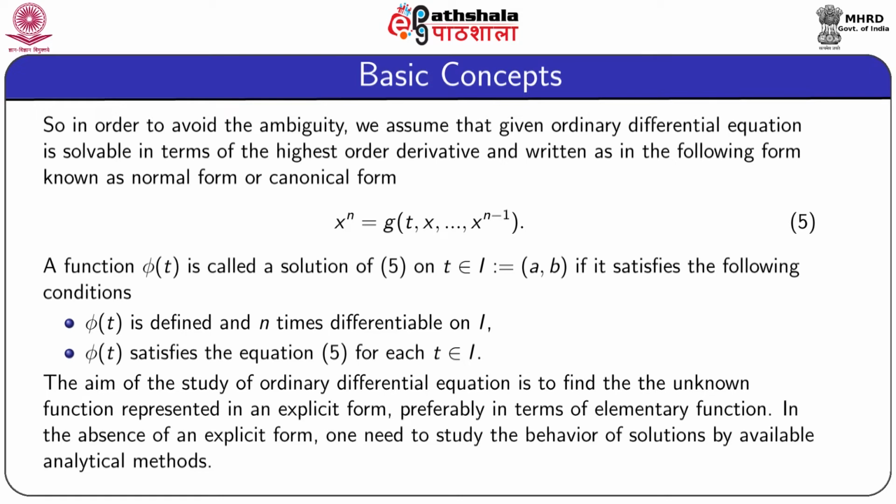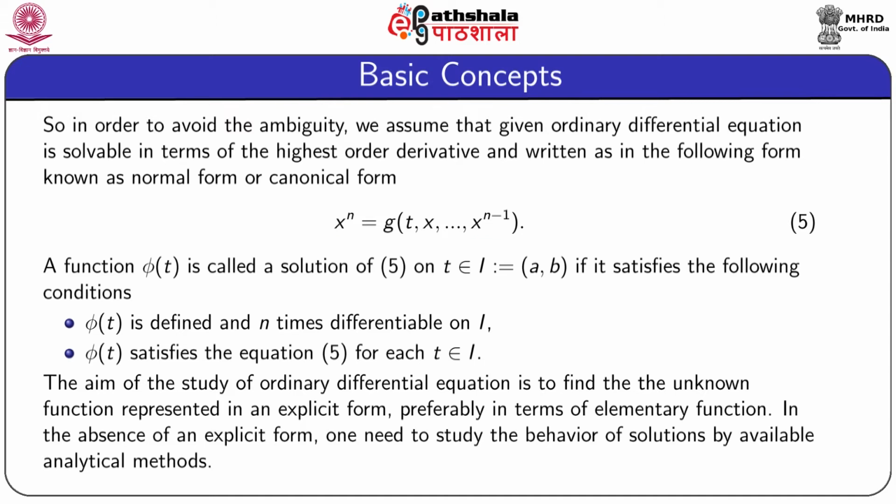So, in order to avoid the ambiguity, we assume that the given ordinary differential equation is solvable in terms of the highest order derivative and written in the following form, known as the normal form or the canonical form, given by equation 5, which is x^(n) = g(t, x, x', ..., x^(n−1)).